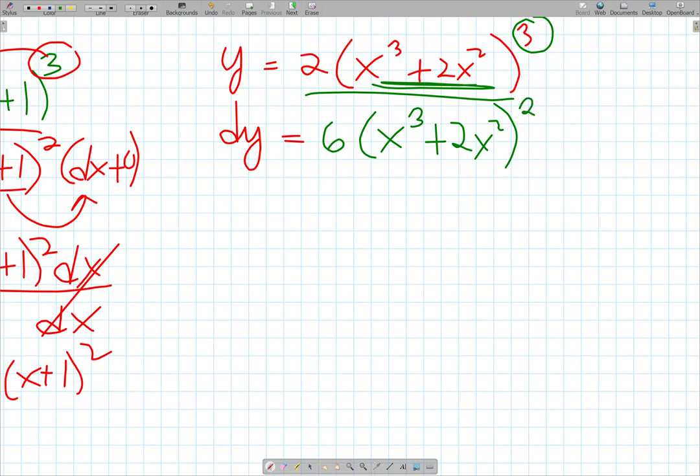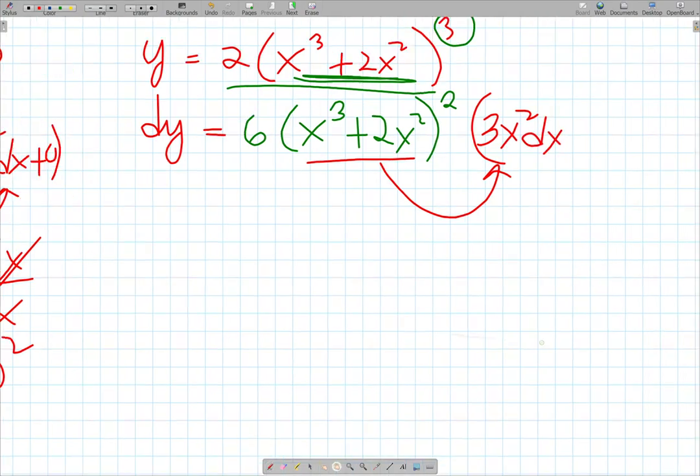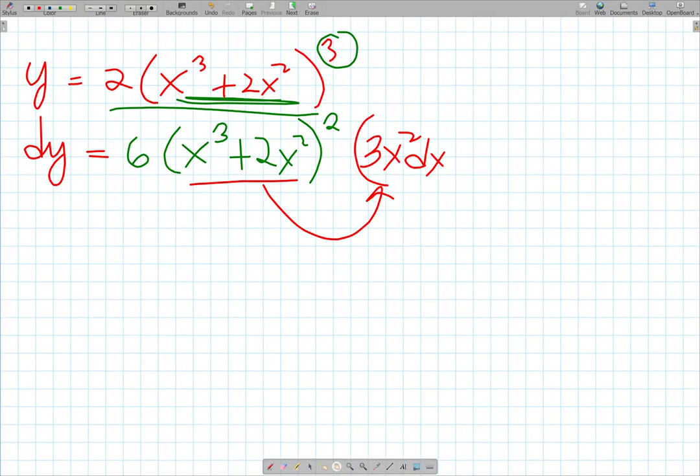After that, you have to derive this one. Derivative of x cube is 3x squared dx. Then derivative of x is dx. Then plus, may plus pa yan, derivative of 2x squared.